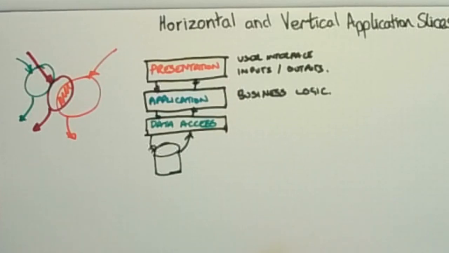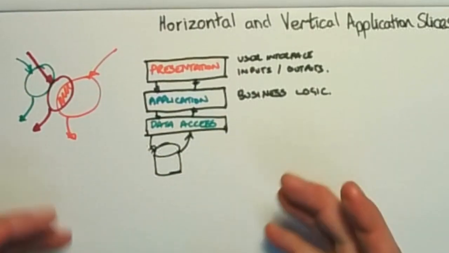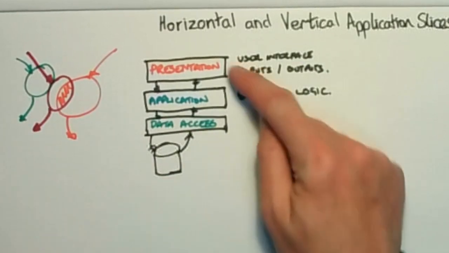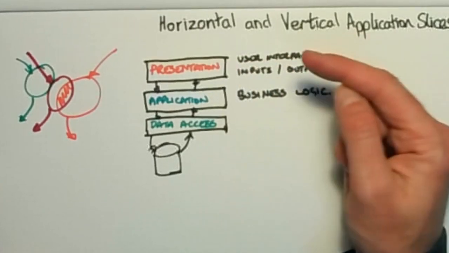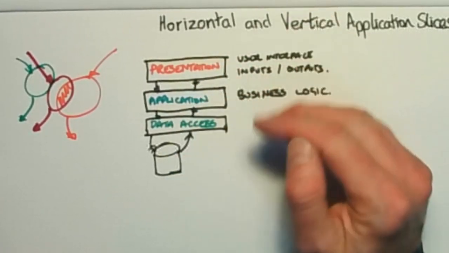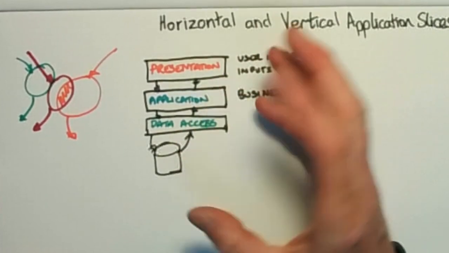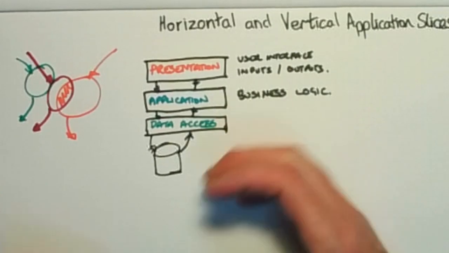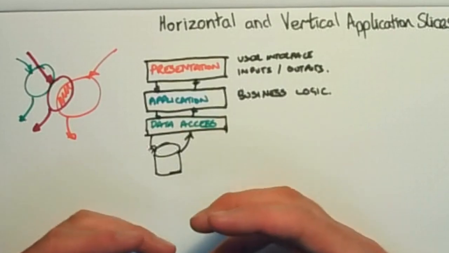Now, we kind of talked about this a little bit before. Each of these little circles on here is a different piece of functionality. Each of these is going to have a little bit of this in it. So they'll have a bit of presentation, somewhere to get the inputs, some way to put the outputs. You'll have a bit of logic in there, a way to work out how to do things, and then finally a way to store or do something with some data.